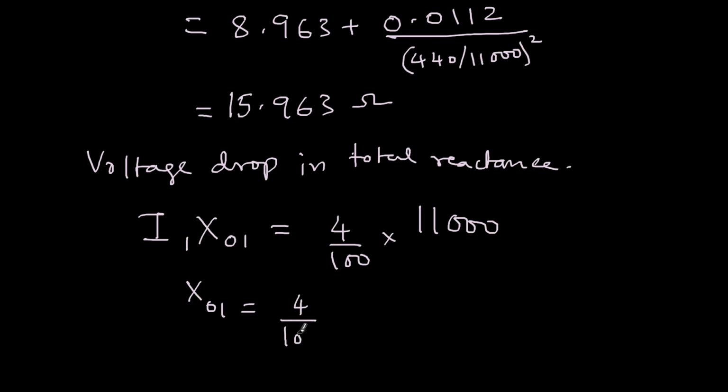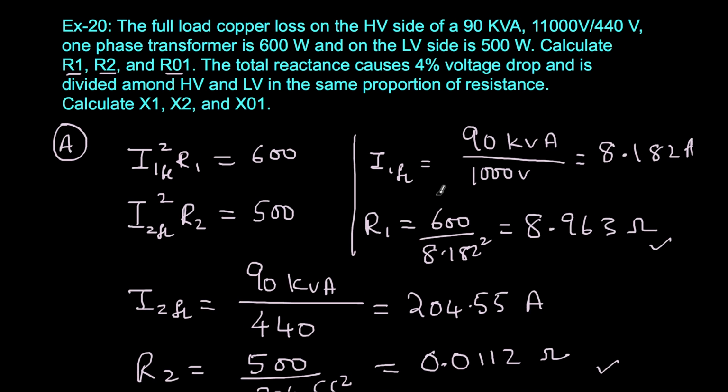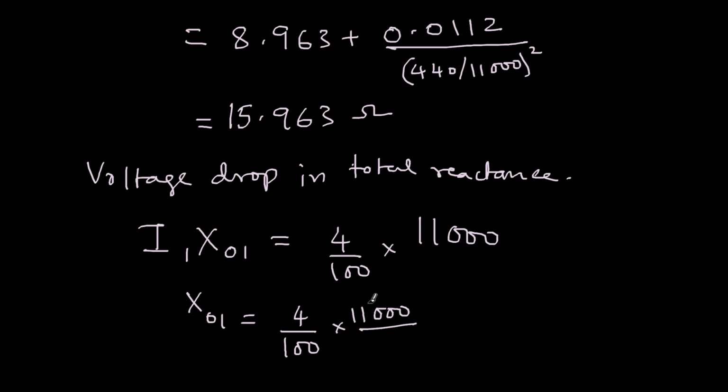So 4 by 100 into 11,000 divided by, now what is I1? I1 we just calculated, that full load current, 8.182 amperes. So this will give me X01.